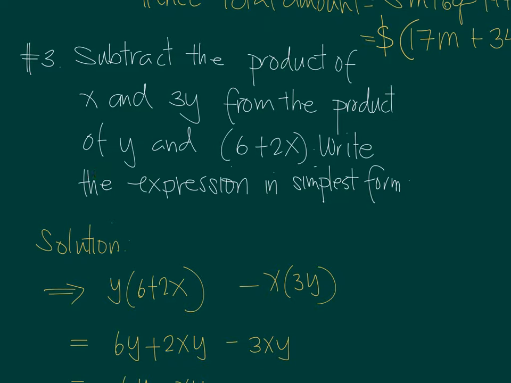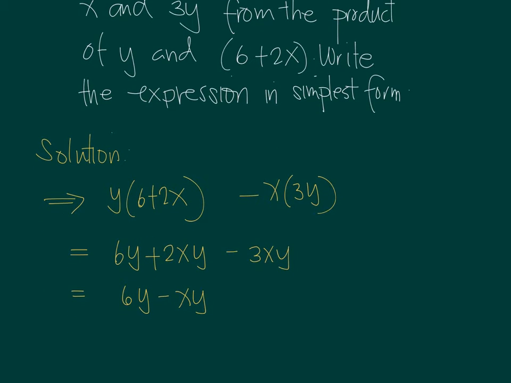The product of y and 6 plus 2x can be written as y times 6 plus 2x. So subtracting x times 3y, this expression is equivalent to y times 6 or 6y, y times 2x or 2xy, minus 3xy. You arrange the variables alphabetically, so x comes first before y, so you have xy.